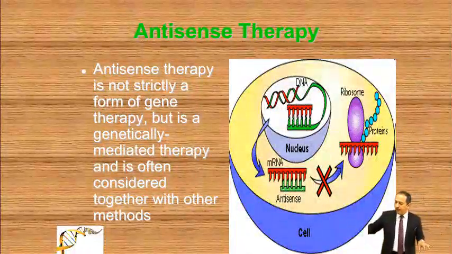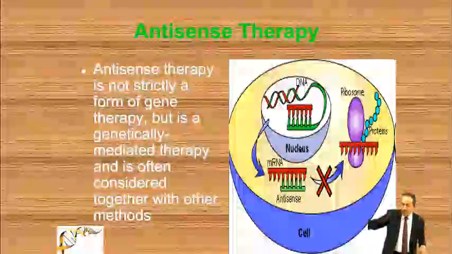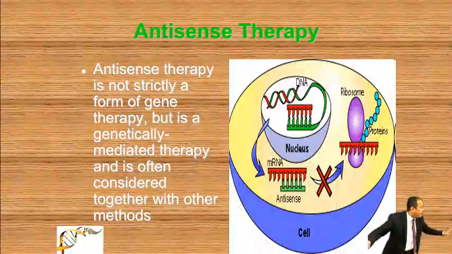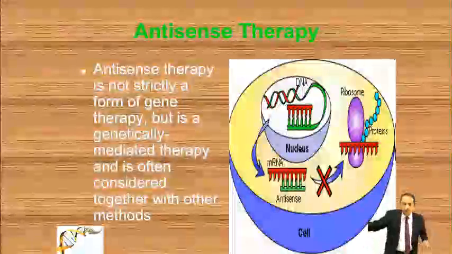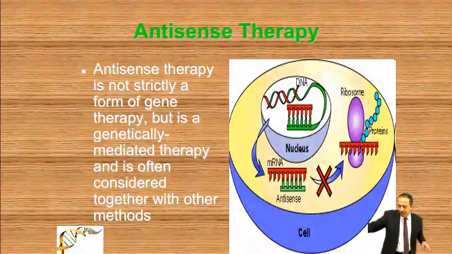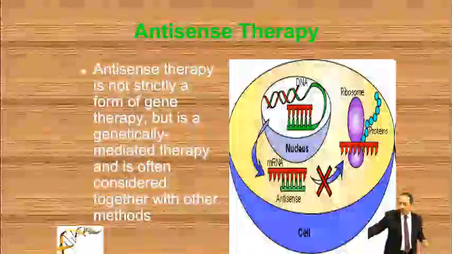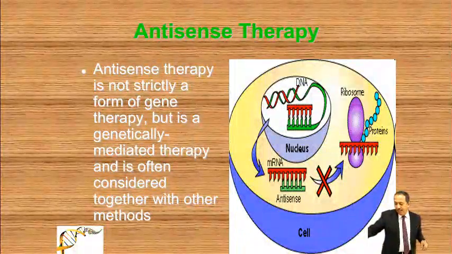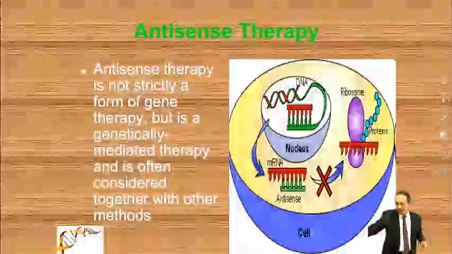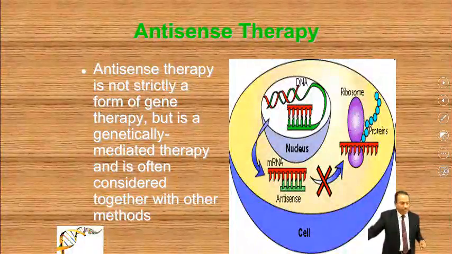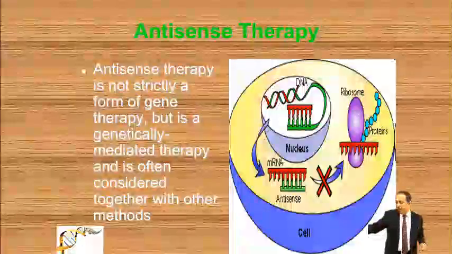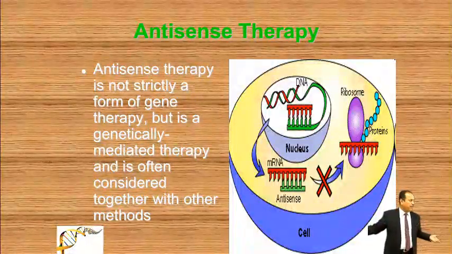Now, the normal process of protein synthesis is that the mRNA will be transferred from the nucleus to the cytoplasm, and here the mRNA has a codon and anticodon, and will go to the ribosome, to the site of protein synthesis.